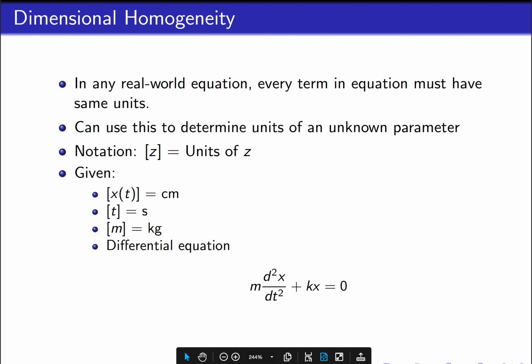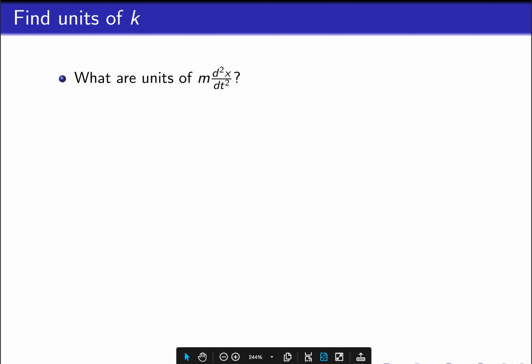This is actually the equation for a spring mass system, with this variable k being the spring constant. Our goal here would be to determine what are the units of the spring constant k. So first, we figure out what are the units of that first term, m times the second derivative of x.